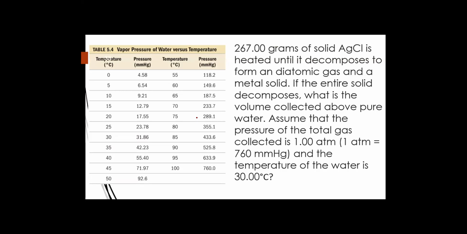Okay, so let's go ahead and get this started now that you've had a chance to try it out. Let's start with our chemical reaction. We know that silver chloride is what we're beginning with, and we're going to heat that, and it's going to break down into some diatomic gas and a solid. Really the only metallic solid that we can form from silver and chlorine is silver.